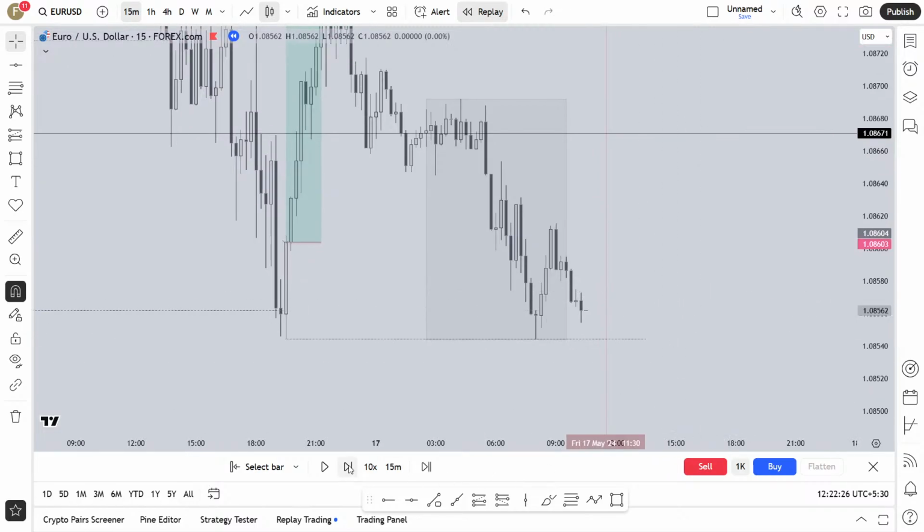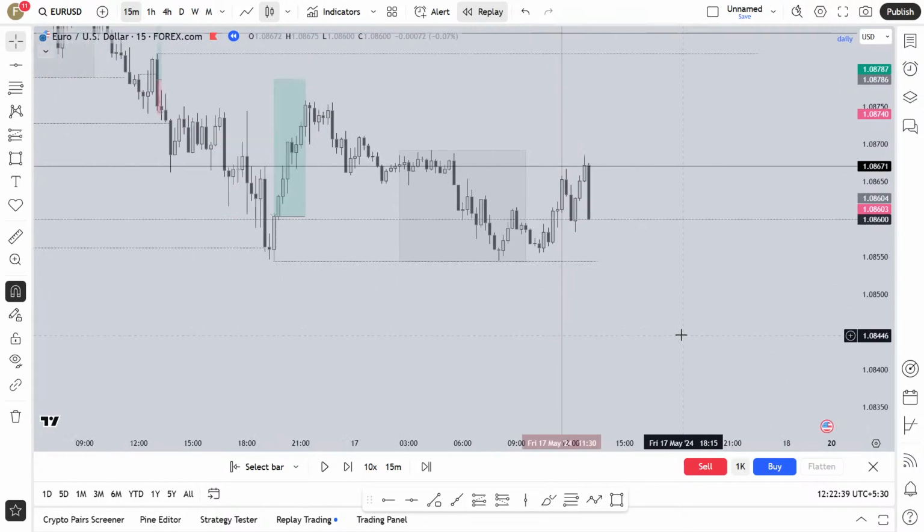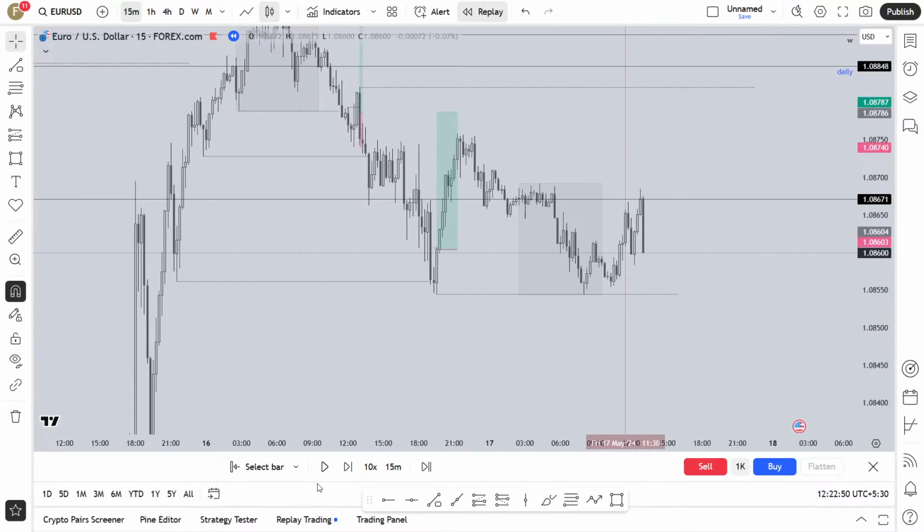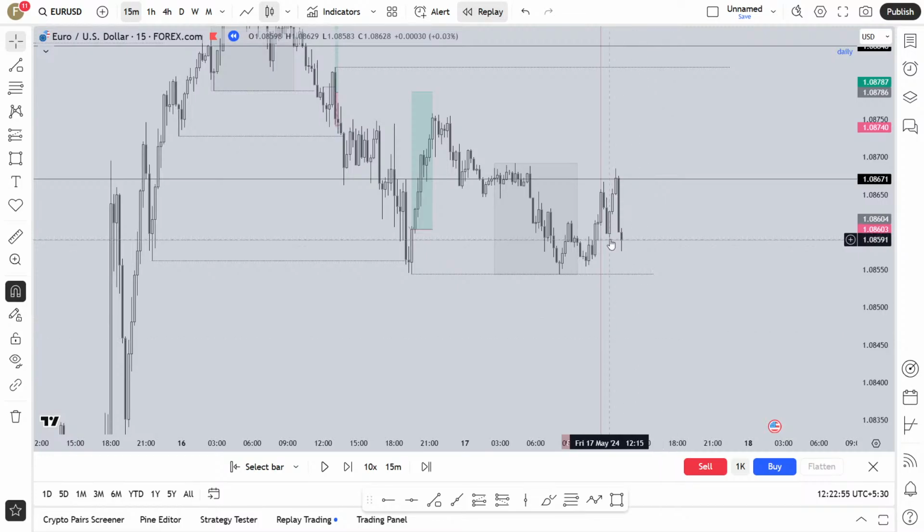So we go now for 15 minutes, let's see. Yeah, guys, after sweeping, not sweeping this high, that was so risky. That was not my setup. It gave us a nice momentum here, breakout candles or whatever.